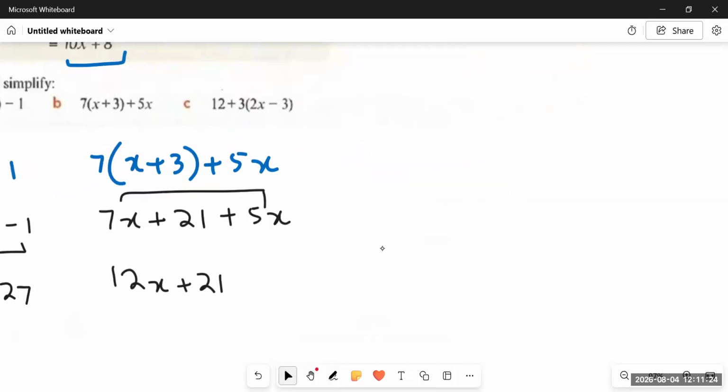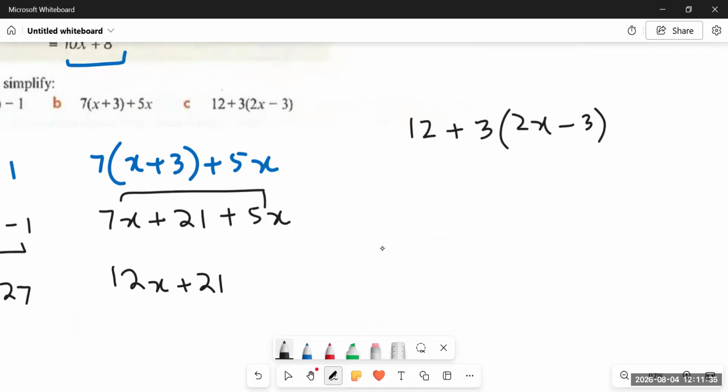But next, in the next part, we have 12 plus 3 bracket. Most of the time students make a mistake: they do not look at the bracket attached to 3 and by mistake they add 12 with 3, which is altogether wrong. If there is a bracket with a term, you have to solve it first and keep 12 as it is.